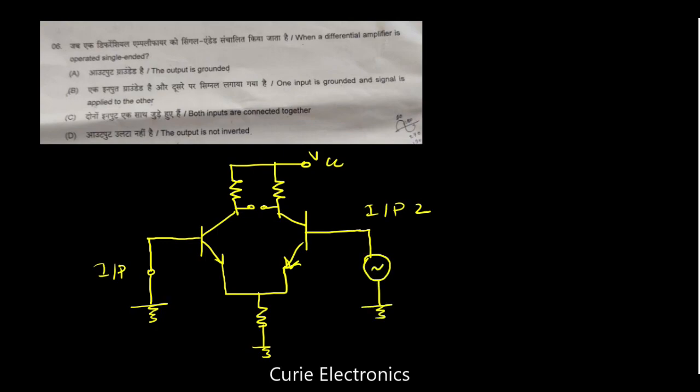So what is there in the options? The output is grounded, no. One input is grounded and the signal is applied to the other. Both the inputs are grounded, the output is not. So option B is the right answer. One input is grounded and the signal is applied to the other. Thus here we are getting the output.